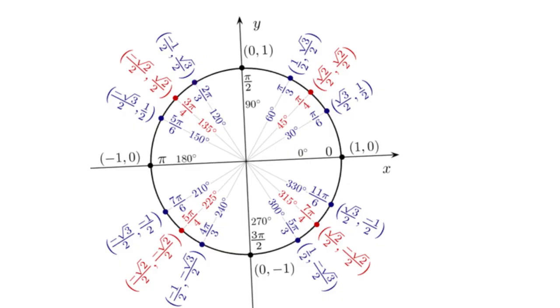The y-coordinate's root 3 over 2, so flip it, 2 over root 3. 2 pi over 3, the x-coordinate is negative 1/2. Pi is right here. Coordinate's negative 1, 0. The x is negative 1. Y over x, so 0 divided by negative 1.